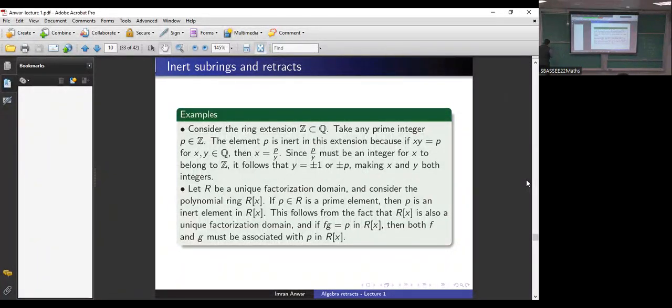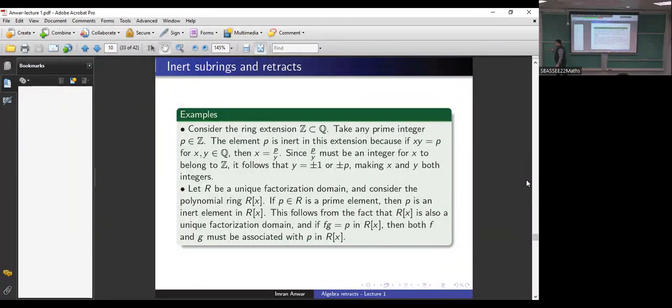Basically, in the example, he is trying to give a justification of this particular type. You started from this particular idea, which gives you p over y. The claim is that p is an inert element, and it is only possible if x and y both belong to the integers.